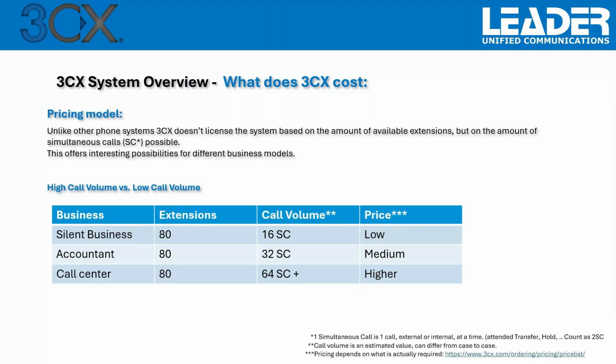A call center's core business is actually answering calls, so from that perspective, we have to have a higher amount of simultaneous calls. And of course, when we add more users and the call volume increases, we can upgrade the key at any given time.